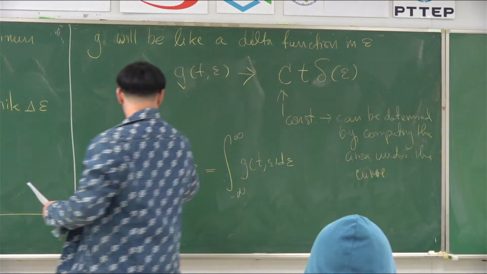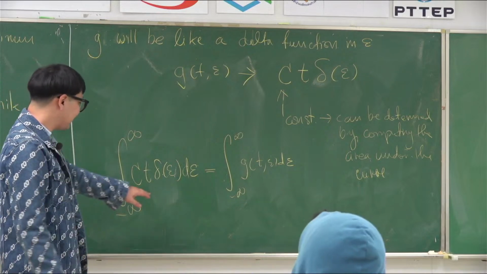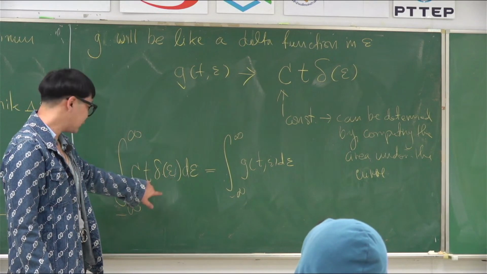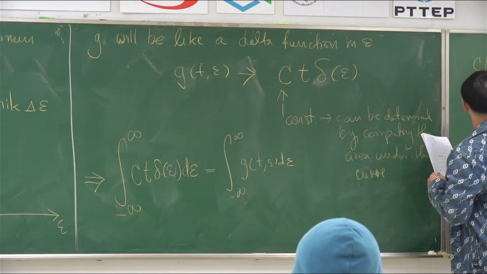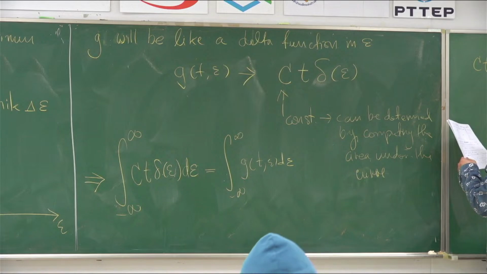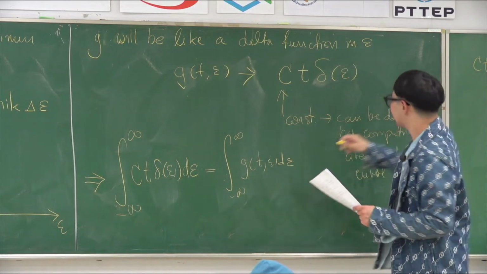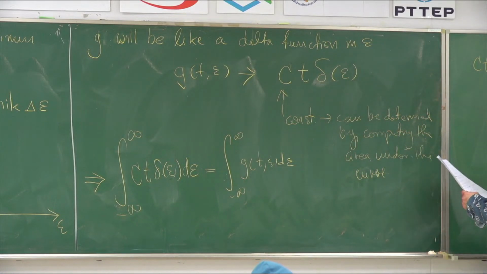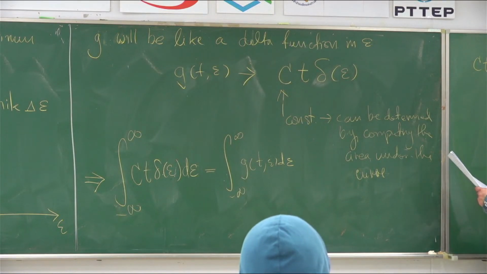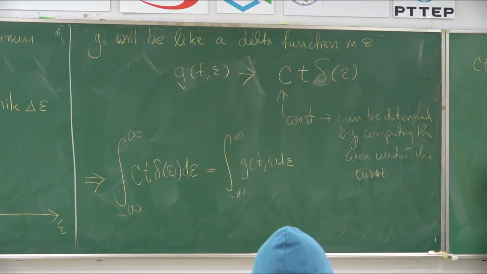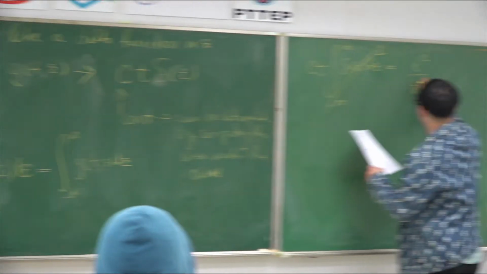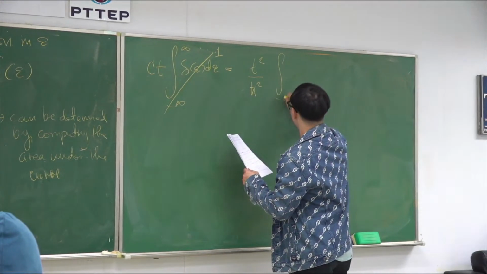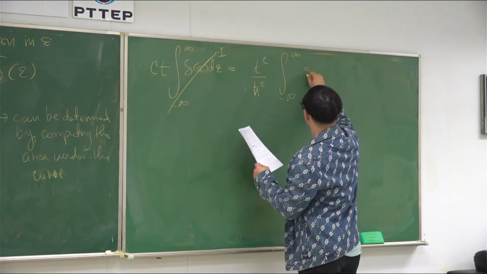Since you need to integrate with respect to epsilon, you can pull out C and t. Then you get C t, and it is very obvious that on the other side you will get 1.